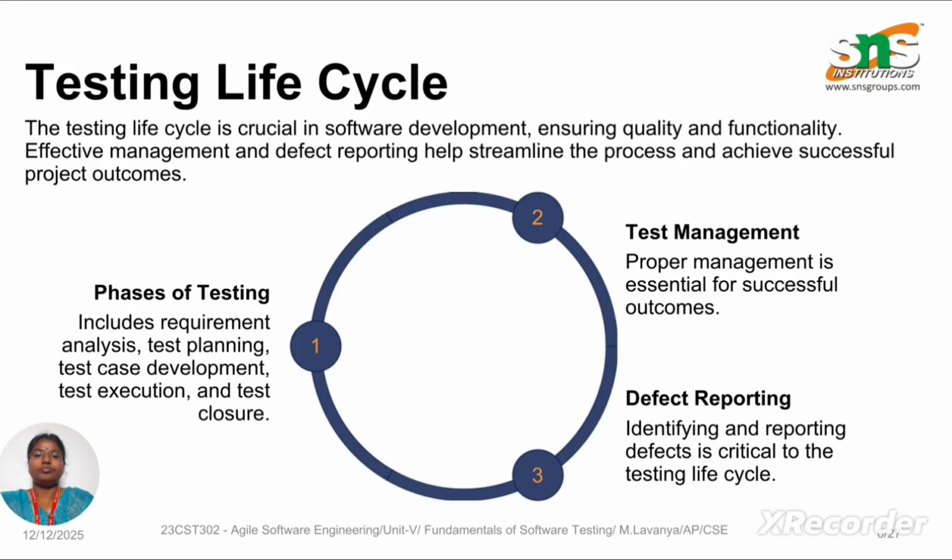So this is an important phase for the software tester. Next, test planning means that based on the requirements he will plan what tests are to be done, and the tests can be carried out at multiple levels, which will be seen further. So he will plan which test is to be performed at which level of software development.